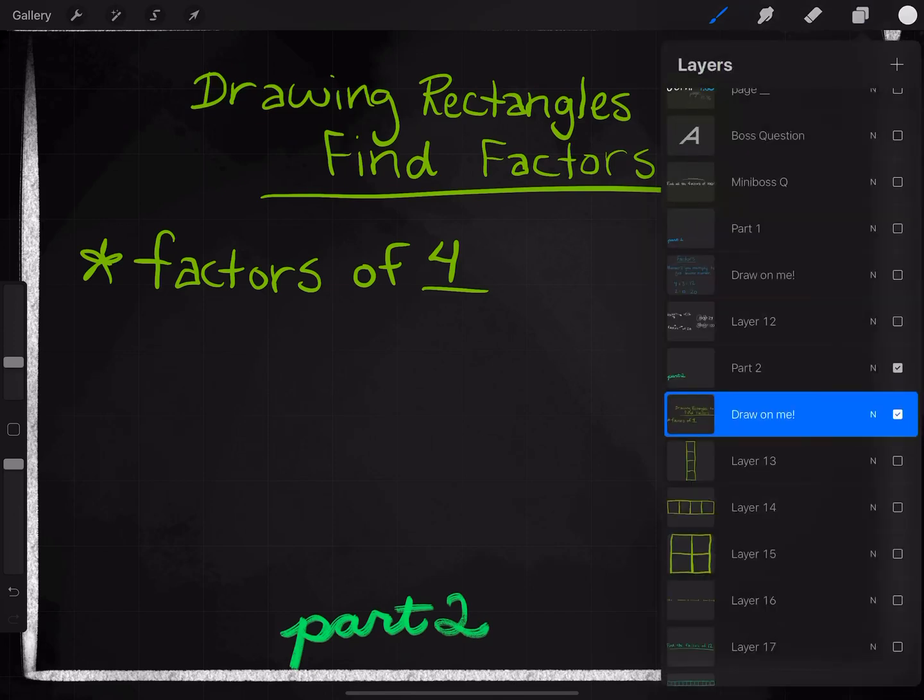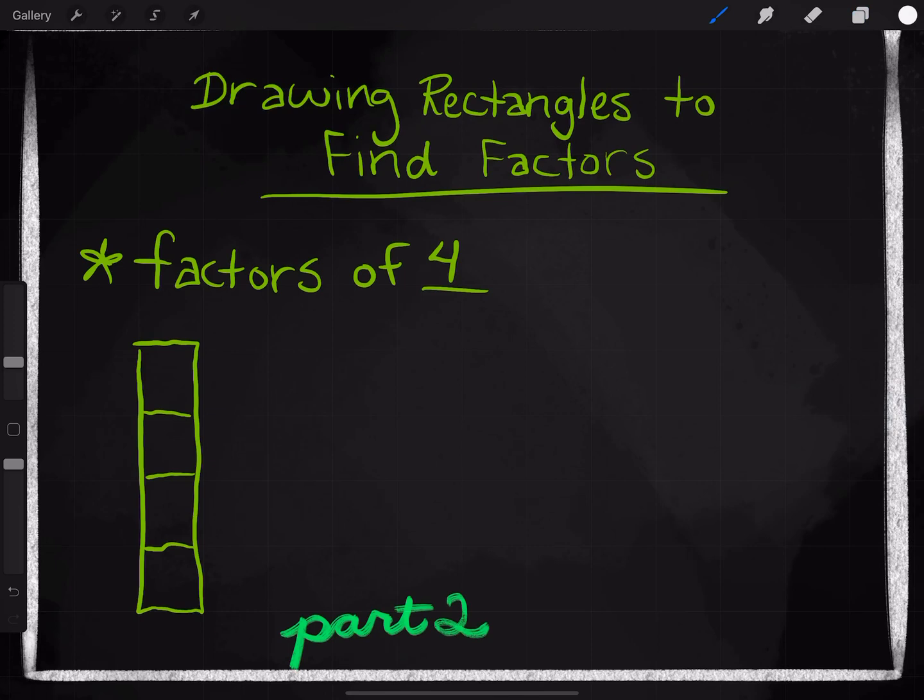So just for an example, you want to find the factors of 4. So one way of drawing 4 squares and making them into a rectangle is to just have a big line of squares. So there's 1, 2, 3, 4 squares. There has to be 4 squares if you're finding the factors of 4.